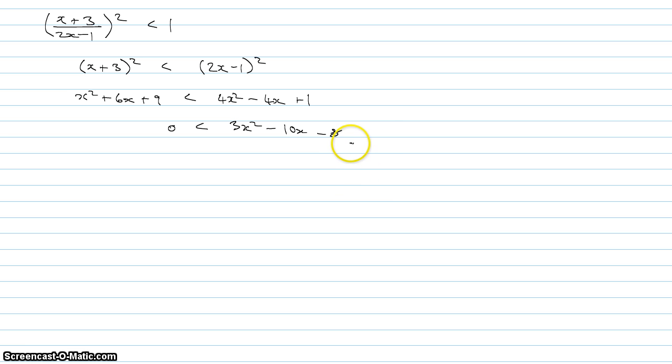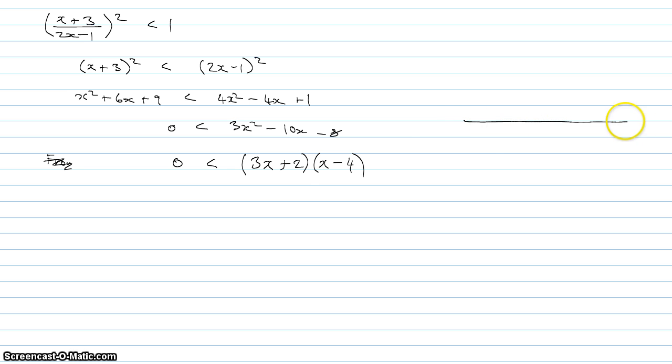And if I look at a solution to this, actually I don't even need to use a GC, do I? This is 0 is less than 3x plus 2, and then x take 4. And so now I can work this out the same way as I did last time.